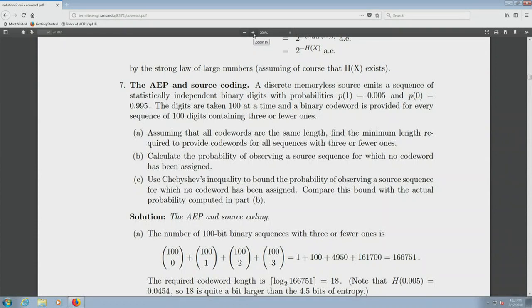A discrete memoryless source emits a sequence of statistically independent binary digits with probabilities. The probability of a 1 is 0.005. Not many ones, right?